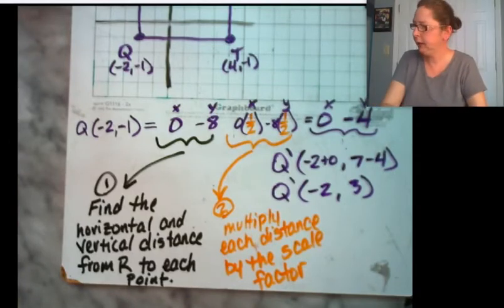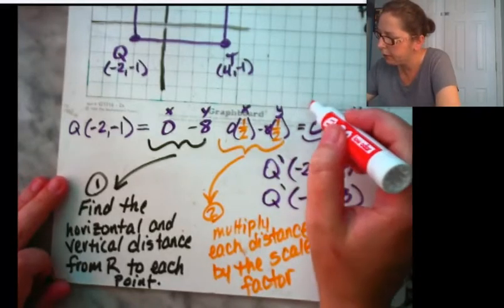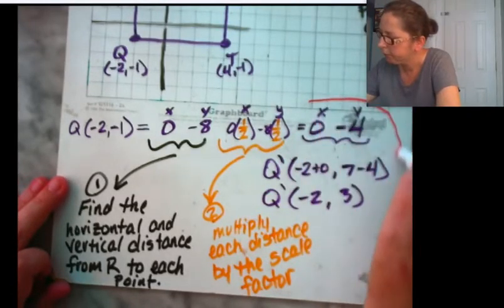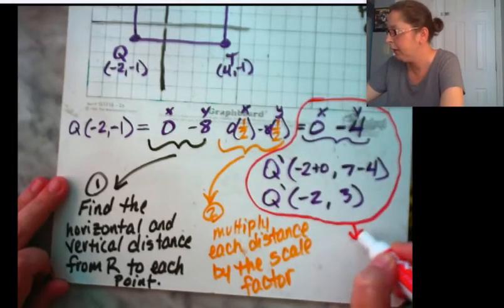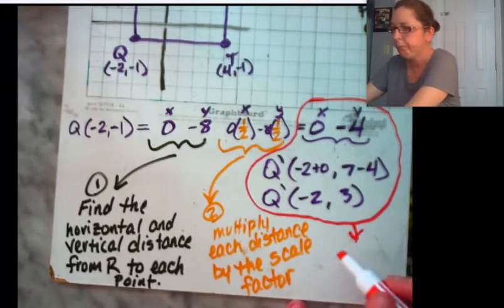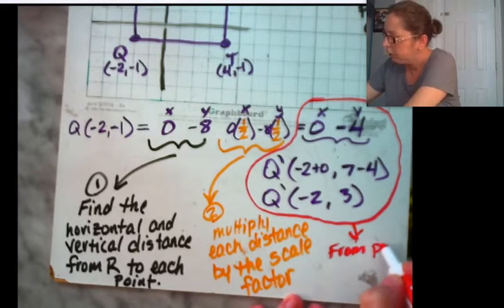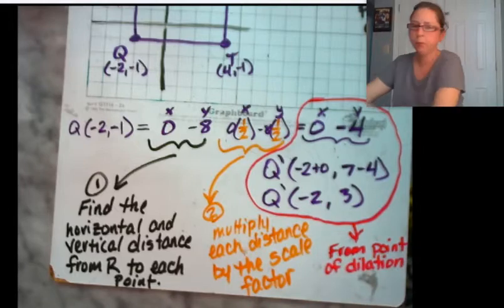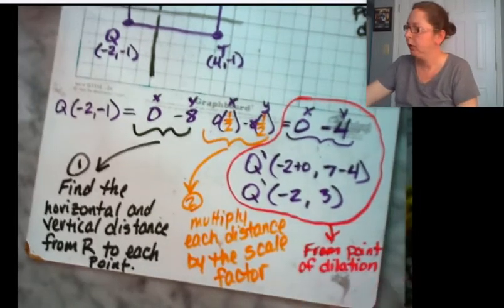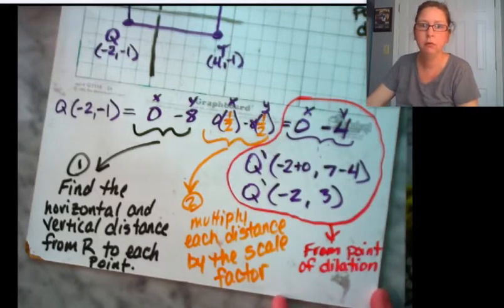And then finally, for step 3, this is everything that I did right here. From the point of dilation, adjust your horizontal and vertical values.